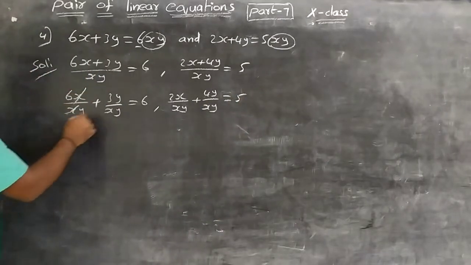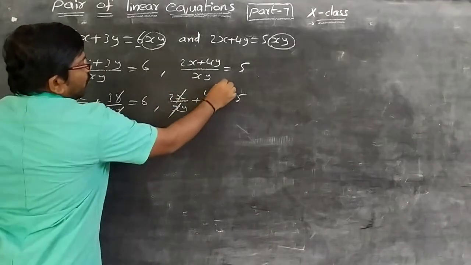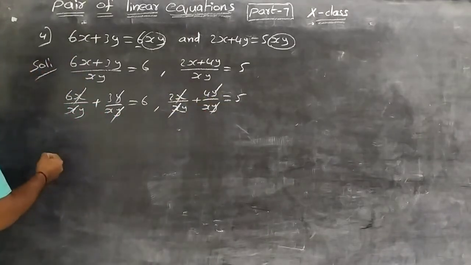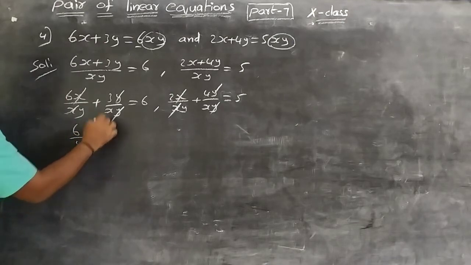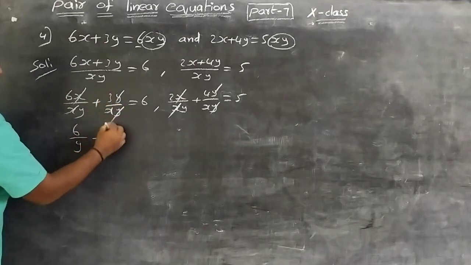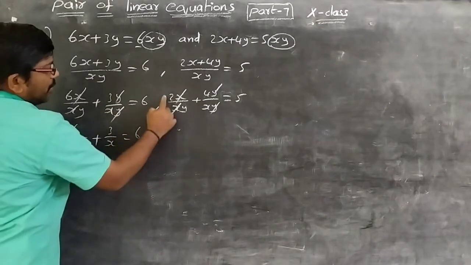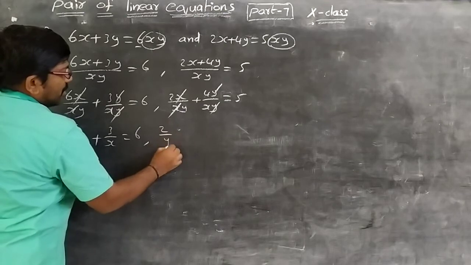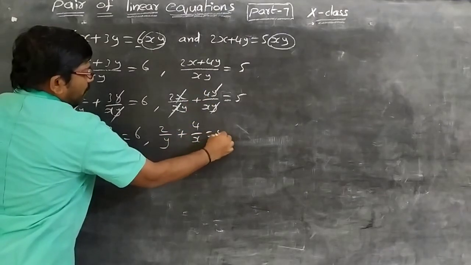Here x cancels, here y cancels. Here also x cancels, y cancels. So what is remaining? 6 by y plus 3 by x is equal to 6. Next, 2 by y plus 4 by x is equal to 5.